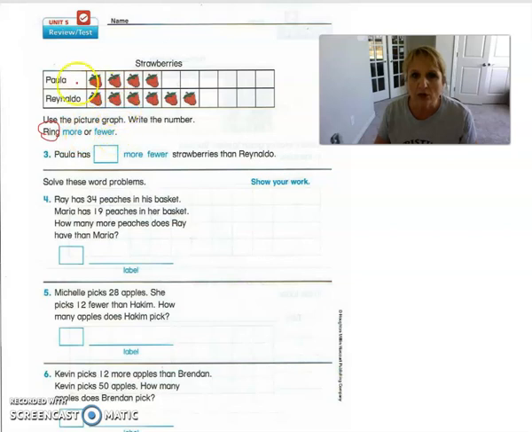Okay? So you need to look at the graph. You need to count how many strawberries Paula picked, how many Ronaldo picked, and it says Paula has blank more or fewer strawberries than Ronaldo. So look at the strawberries. Does Paula have more or fewer? Circle one of those words. And then how many more or fewer?